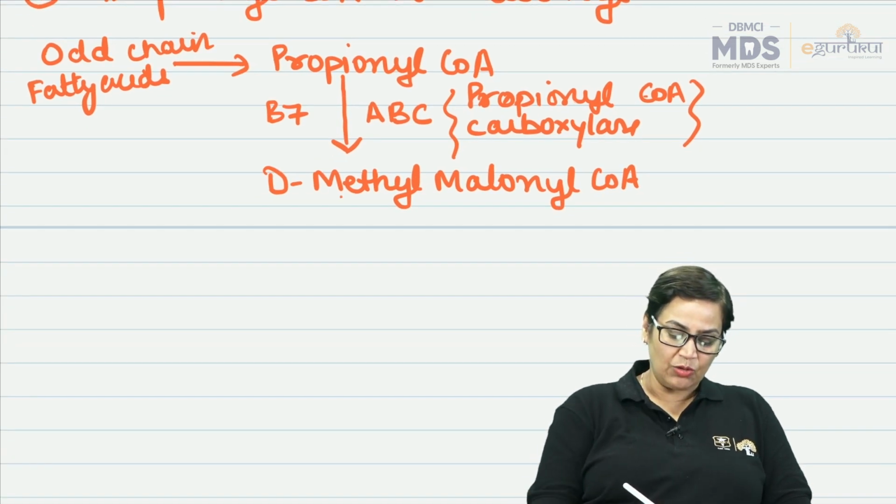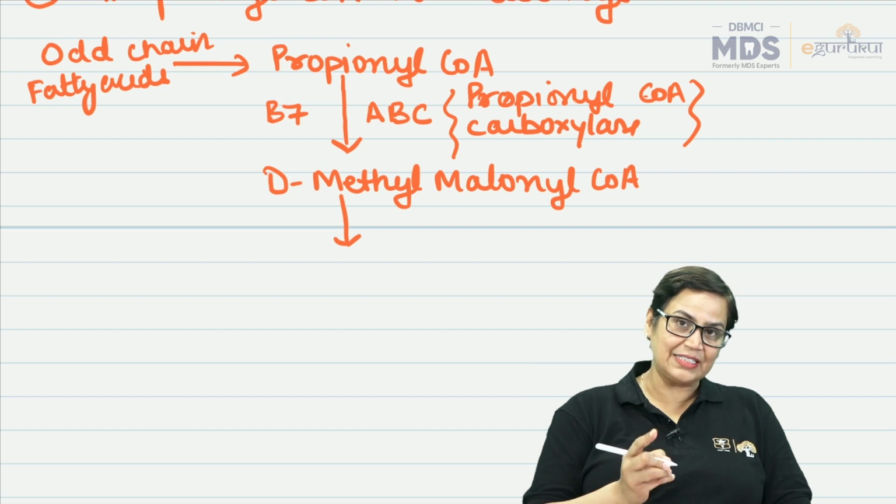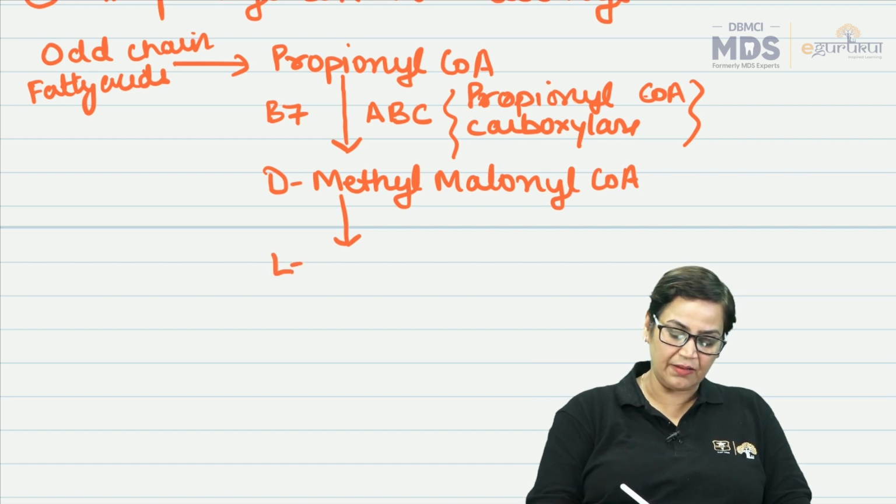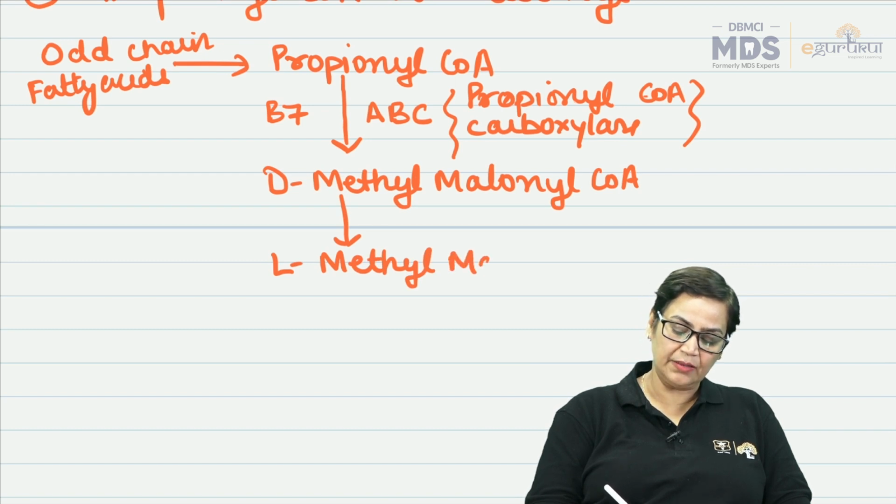This dimethyl malonyl CoA, in the presence of enzyme racemase, forms L-methyl malonyl CoA. The enzyme is racemase.